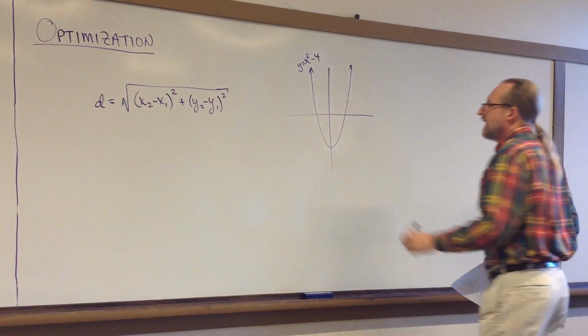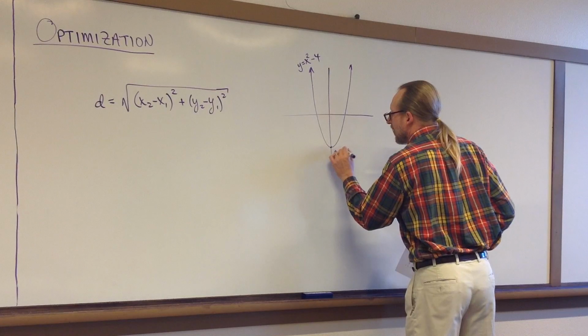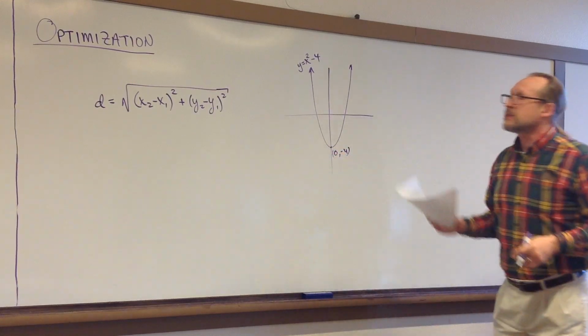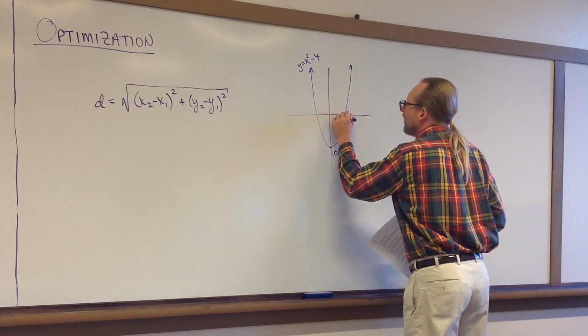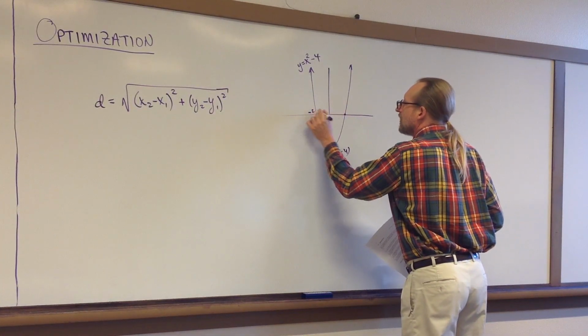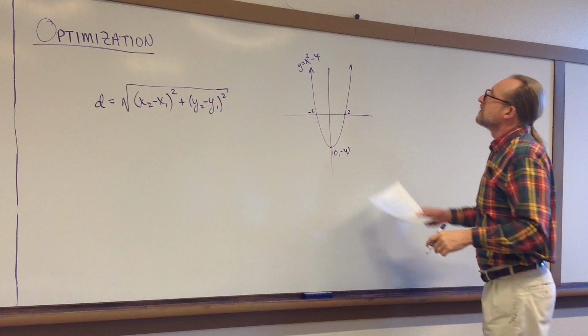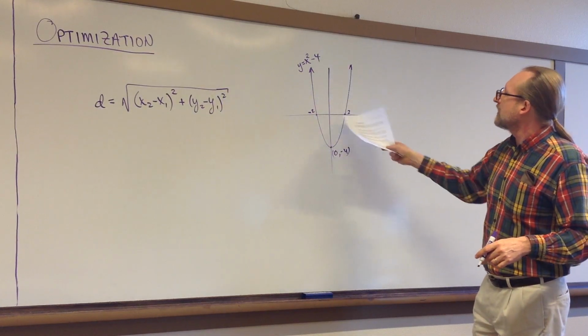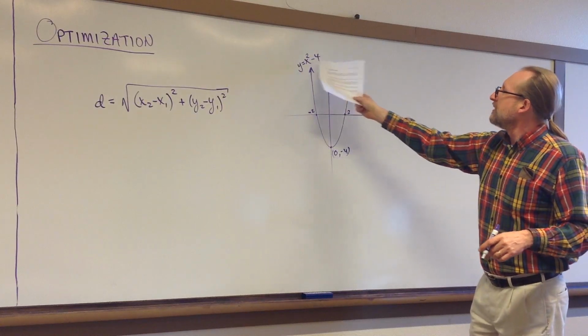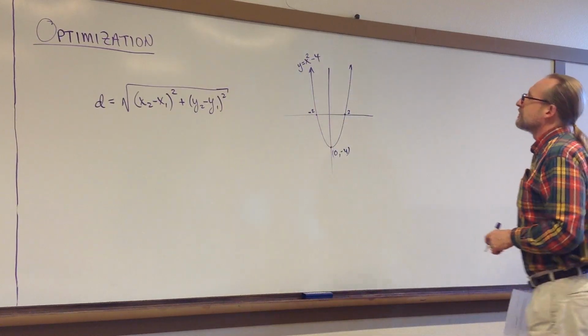So our vertex is now down here at the point 0, minus 4. So there's a little sketch of that. These roots, I don't ask you about this, but these are positive 2 and negative 2, right? If you factor this, it's a difference of squares, x plus 2 times x minus 2, and so y will be 0 at 2 and negative 2.